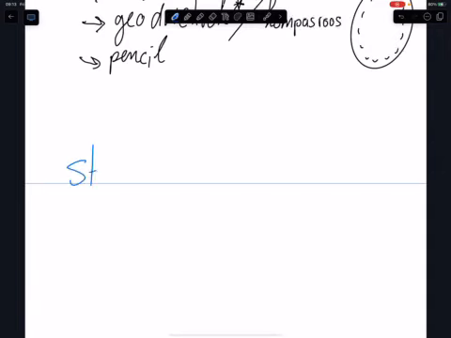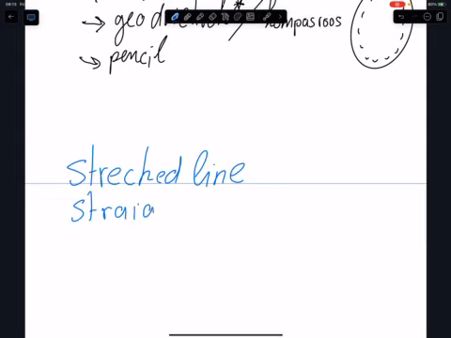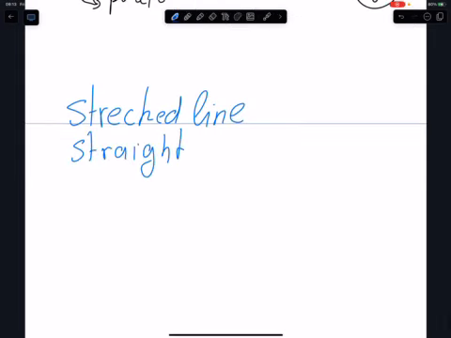We have a stretched line, or straight line, the way you want to say it, stretch straight. Which is a horizontal line.